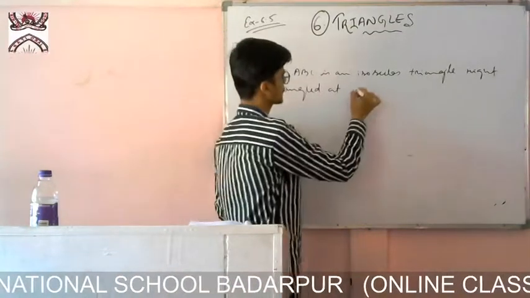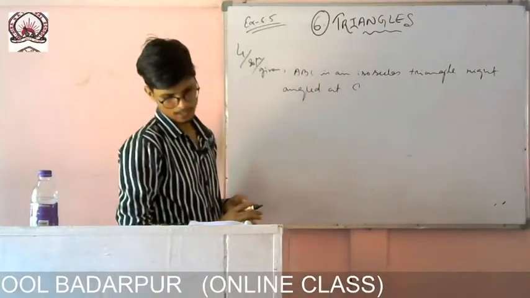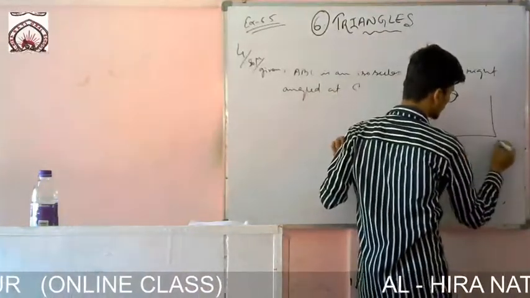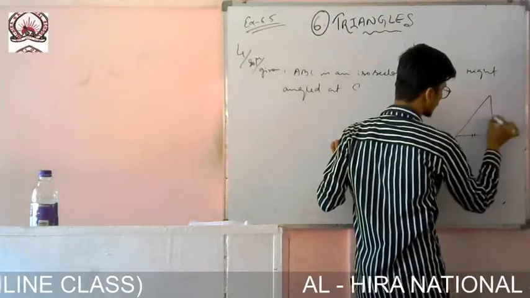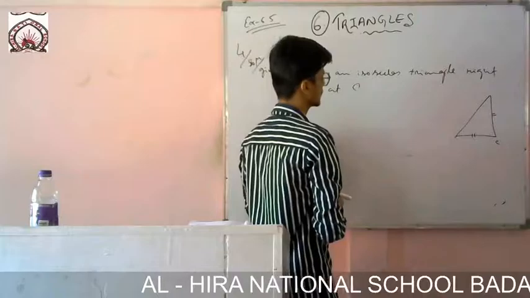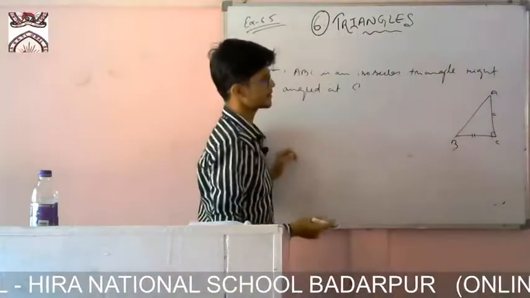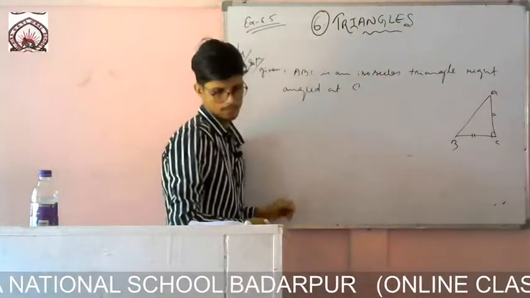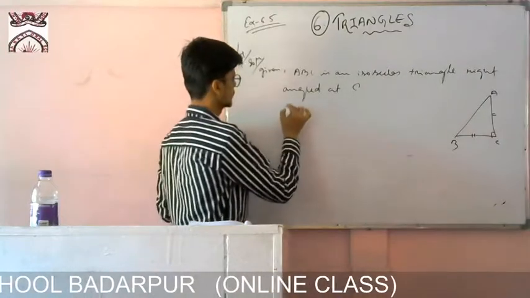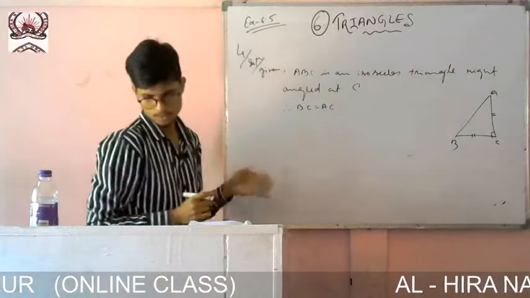Right angled at C. If C is the right angle and these two sides are equal, then this one is AB. So that means BC will be equal to AC. So therefore BC is equal to AC.